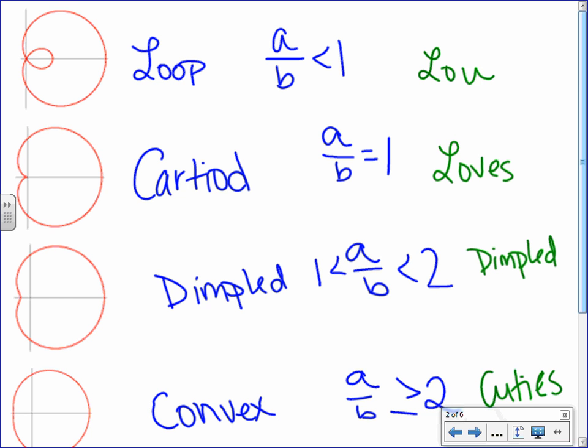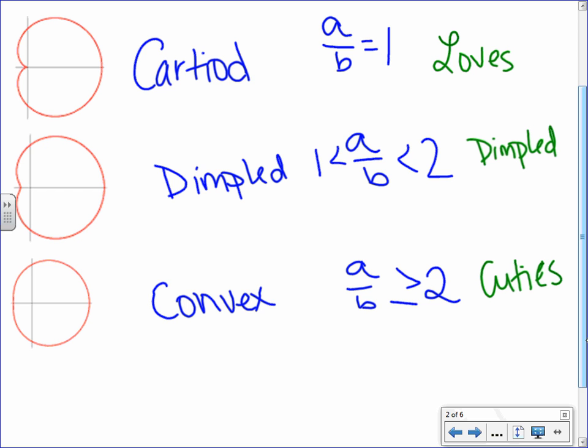Now, what's nice about limacons is we really only have to worry about 4 significant terms. Okay?